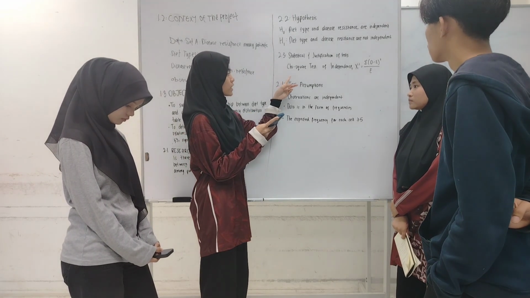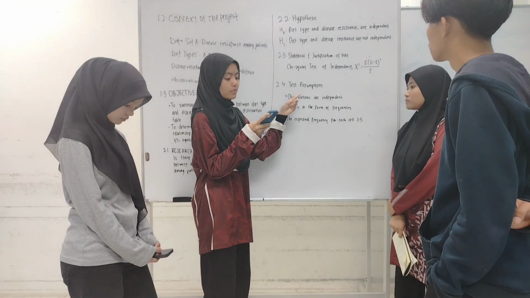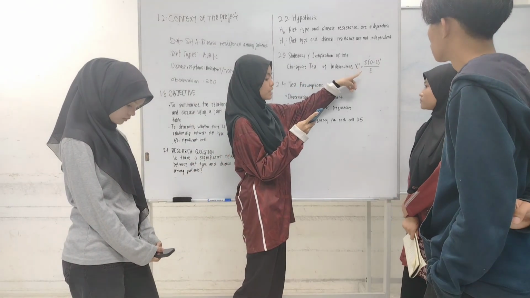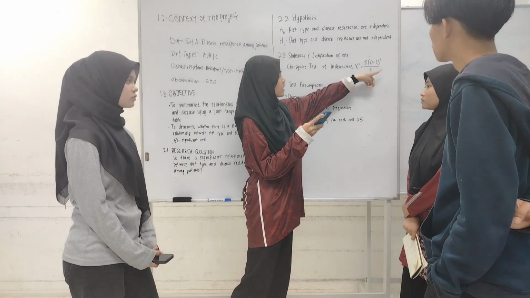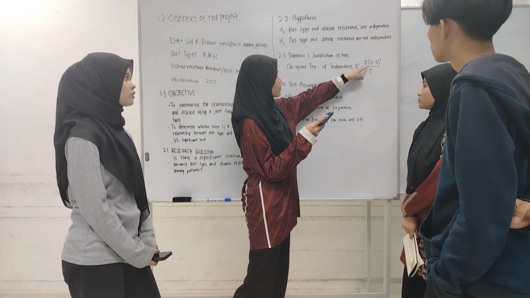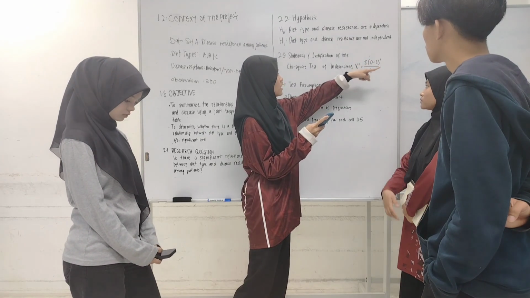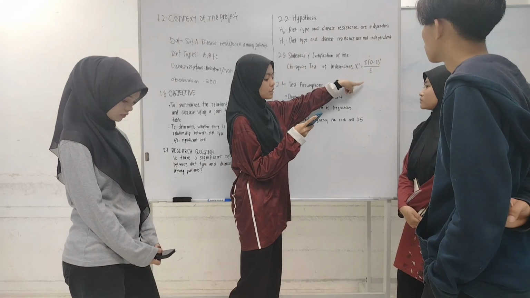The formula for the chi-square test is the sum of the squared difference between observed frequency and expected frequency, divided by expected frequency.